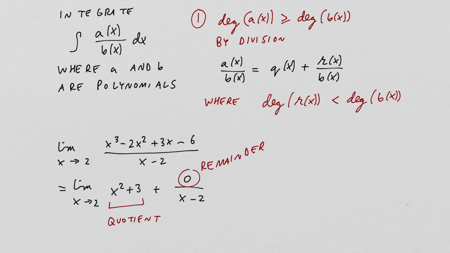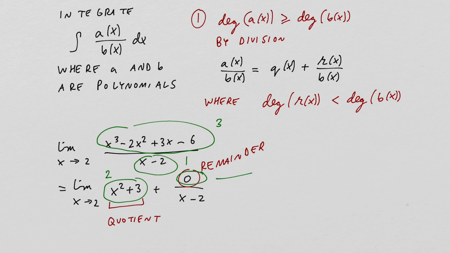For example, in this example, the degree of the denominator was 1 and the degree of the numerator was 3. After division we got the quotient whose degree was 2, and then we got the remainder there, and clearly its degree is maybe 0 or maybe it is even less.